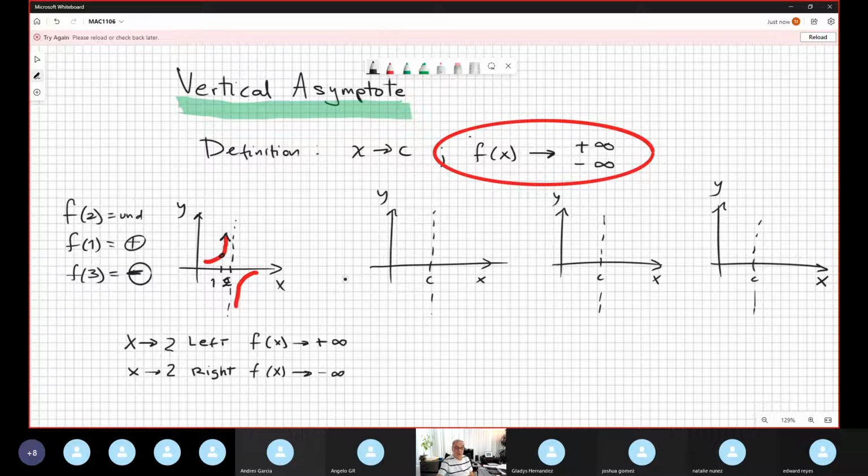Is that the only possibility? No. We have a possibility like that. When you approach 2 from the left, the function f of x approaches positive infinity.